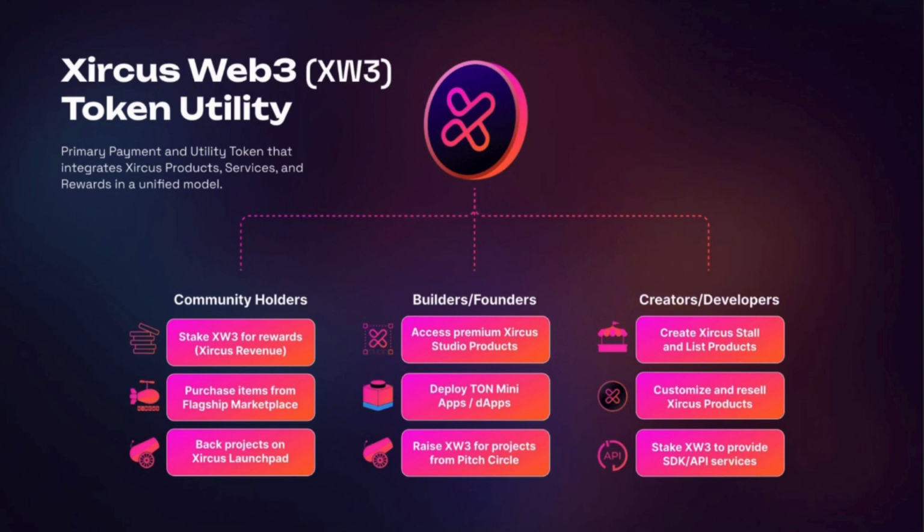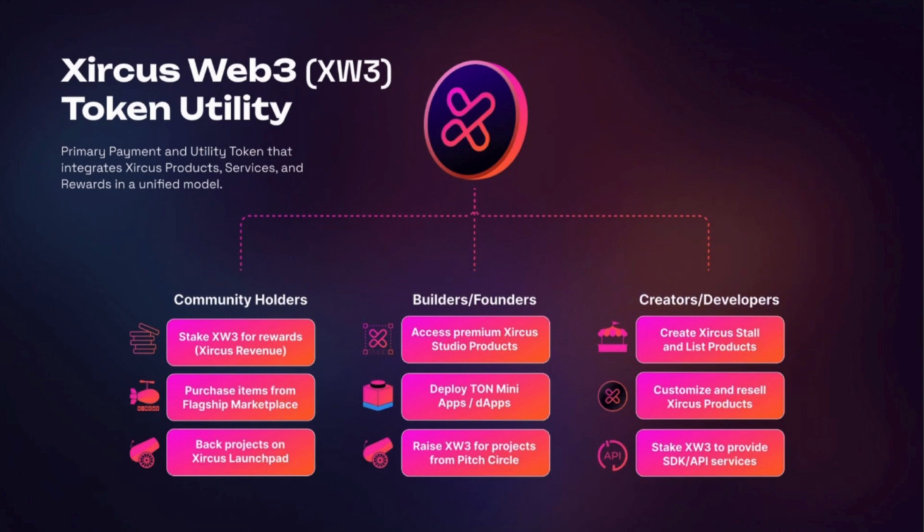So we offer modular, white label products like templates for dApps, mini apps, or NFT marketplaces that developers can customize and resell. For instance, a developer could take our basic NFT marketplace template, add unique features like gamification, and resell it to another project, all while using XW3 for transactions.